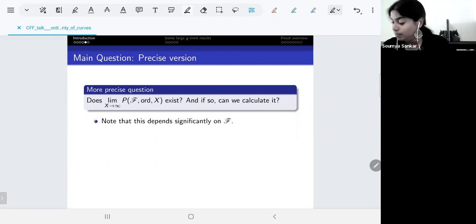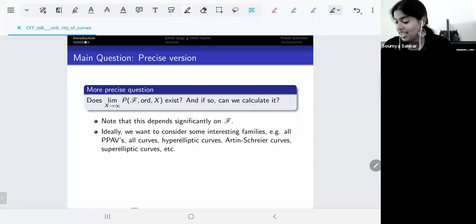And so ideally, you want to consider interesting families, right? The word interesting here is kind of vague, but the kind of things I'm interested in are, well, all principally polarized abelian varieties, maybe, but that's very ambitious.